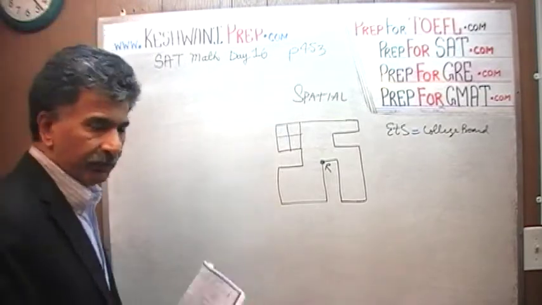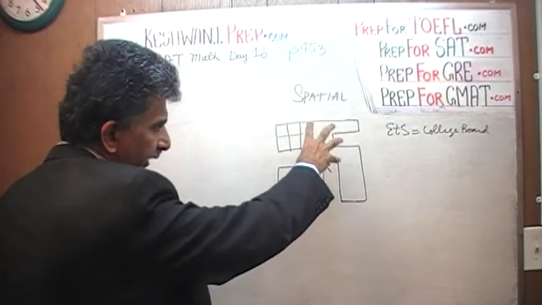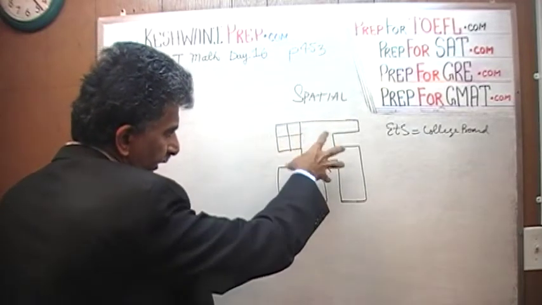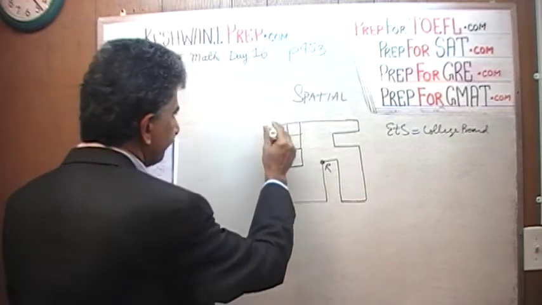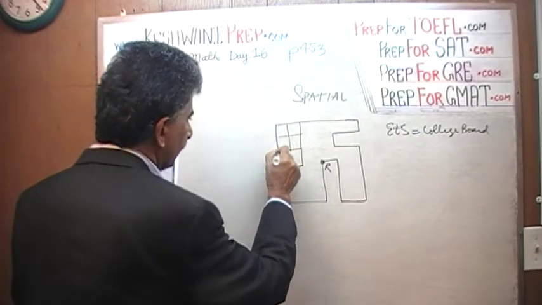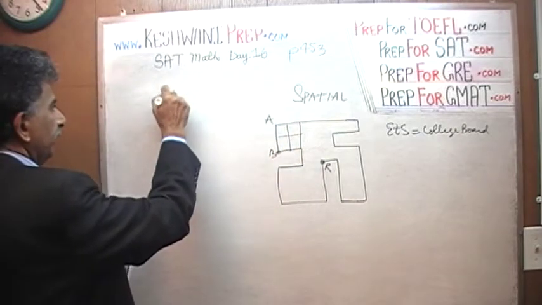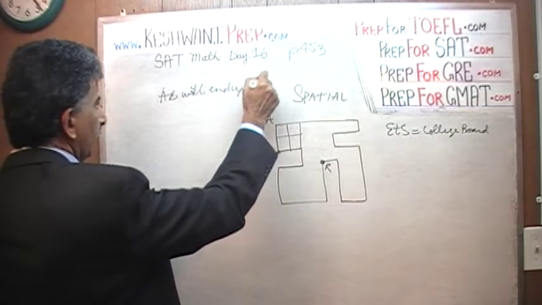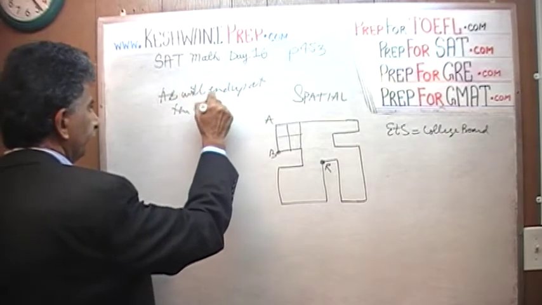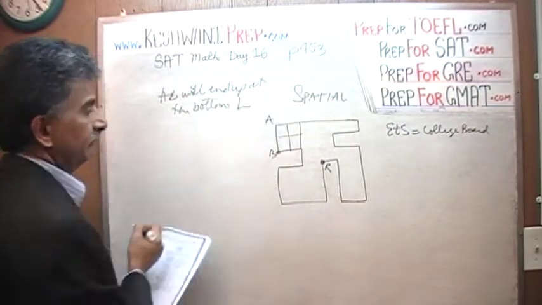So if I were to pick it up, watch my hand, and rotate it 90 degrees, this entire side, let's call it A to B, is going to end up at the bottom. Not only will it end up at the bottom, but at the bottom left.